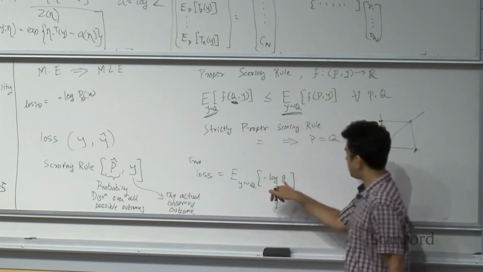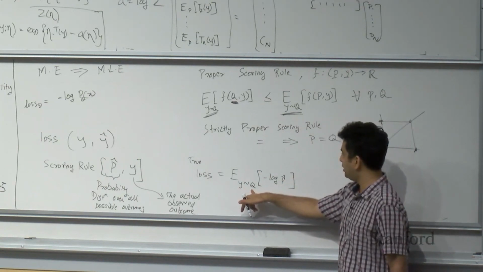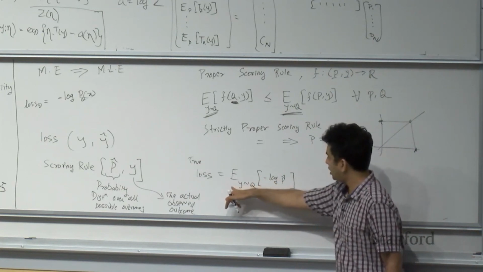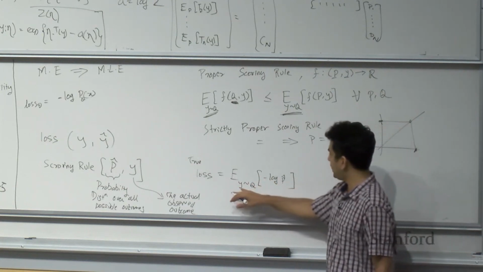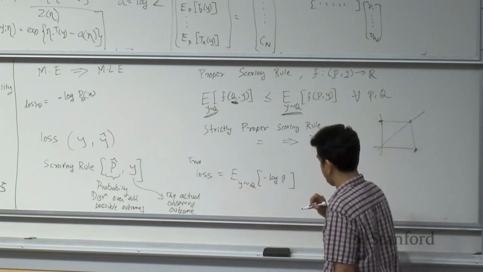So the model predicts p hat, but the data is distributed according to Q. The loss is the negative log likelihood under the expectation where y is distributed according to Q.